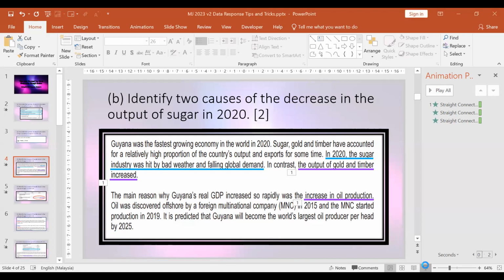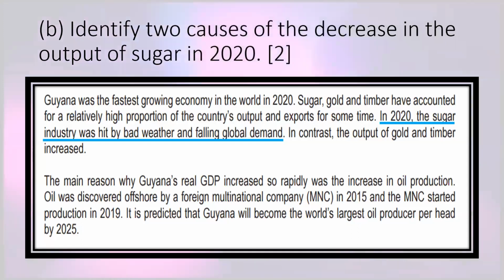Guyana is the fastest growing economy in the world, and so on. Within this passage, you can see that I've underlined the sentence "in 2020 and onwards". If you look at the one which I highlighted, the sugar industry was hit by bad weather and falling global demand.